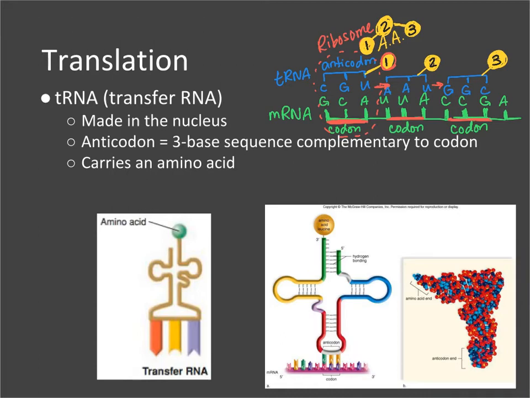And this is going to keep happening until the ribosome hits that stop codon, and then it's going to release the mRNA, and it's going to release this polypeptide up here. So this chain of amino acids that's forming is called a polypeptide. And this is just a chain of amino acids.